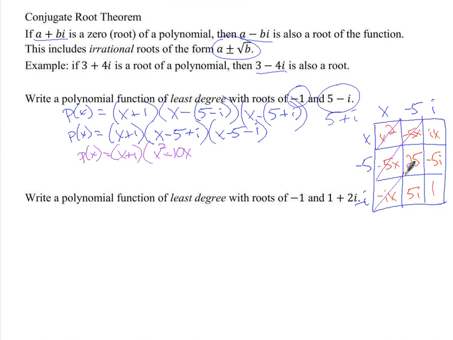Those disappear. I have a positive 5i and a negative 5i. Those disappear. And then I have 25 plus 1, which is 26. Now my polynomial has no more imaginary parts to it. No, we still need to FOIL this out. That's no big deal though, we just do another box problem.